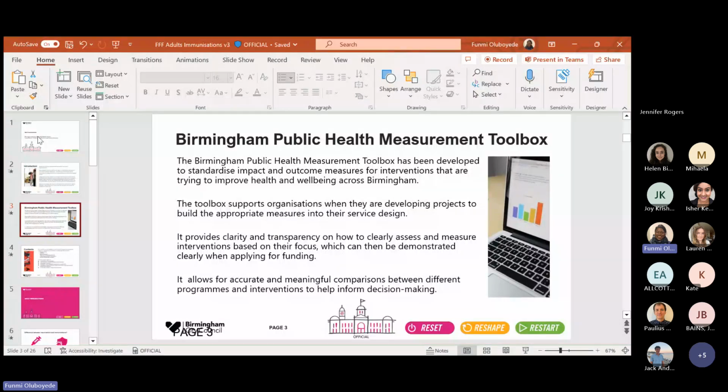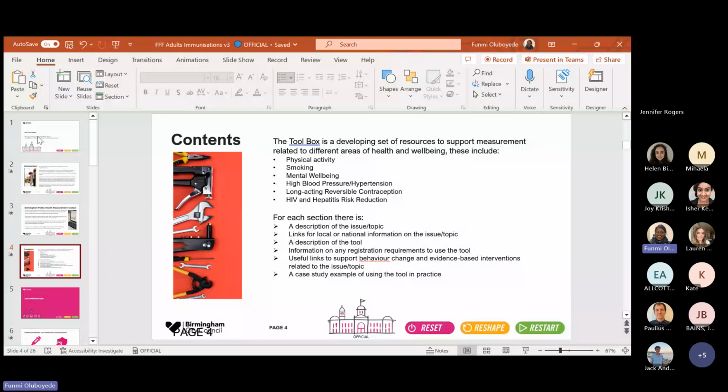And it provides clarity and transparency on how to clearly assess and measure interventions based on their focus, which can then be demonstrated clearly when applying for funding. So it allows for accurate and meaningful comparisons between different programmes and interventions, and helps with decision making.